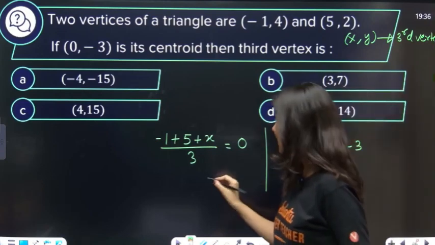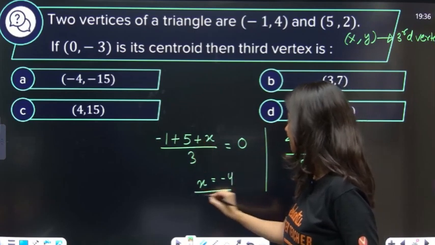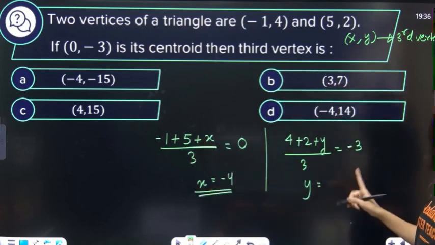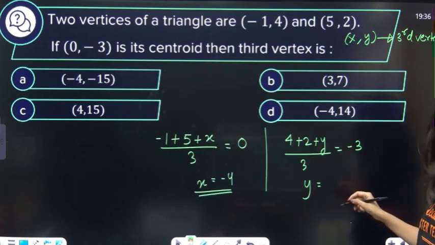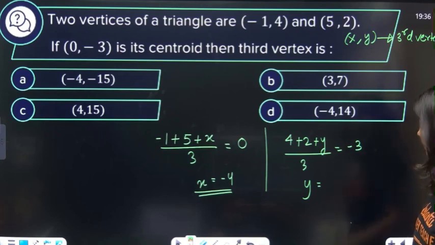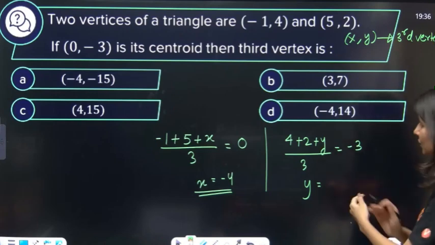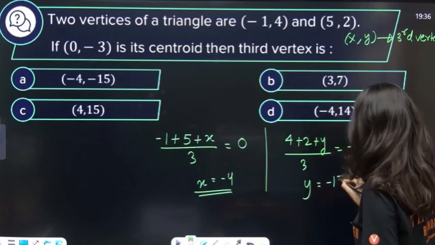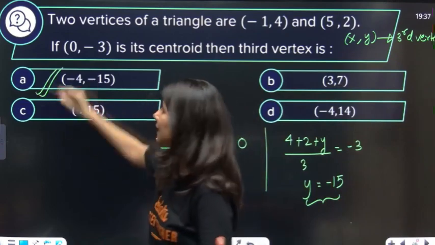So from here, x is nothing but -4. y over here is -9, minus 6 is -15. -4, -15 is sitting in option A.